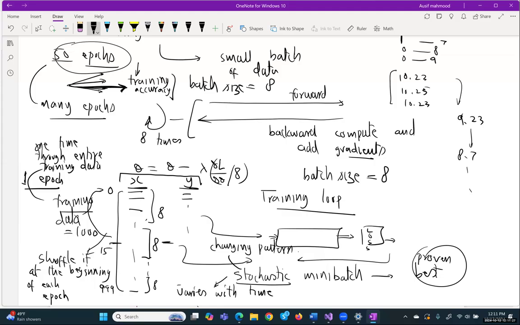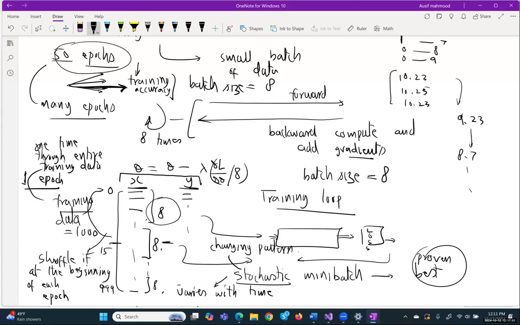As we randomize our data, after the shuffle we can pick the first batch, then the next, then the next in the first epoch. Then as we go to the second epoch, we shuffle it differently. So the first batch that is fed to the network will be different in each epoch.